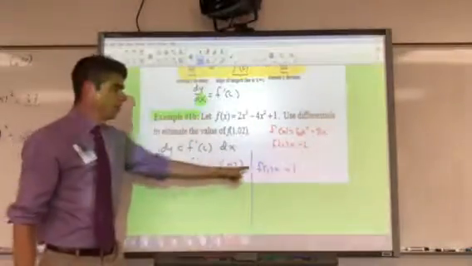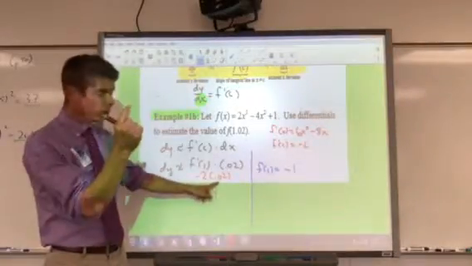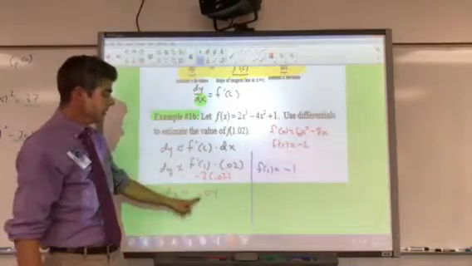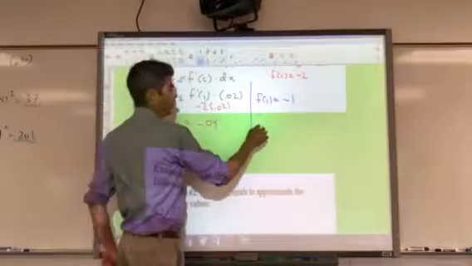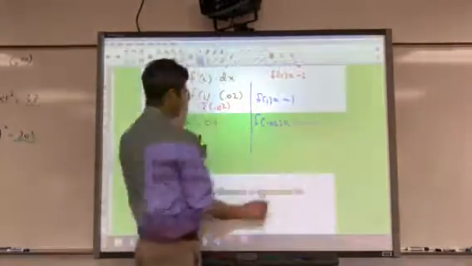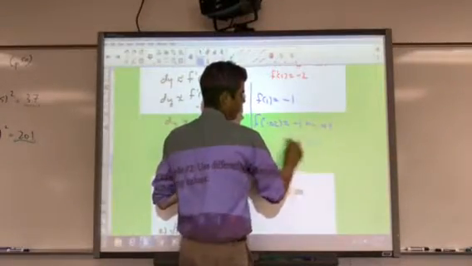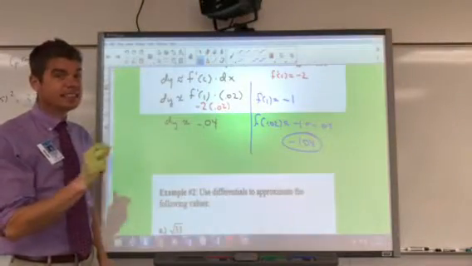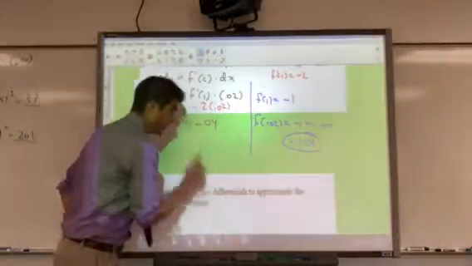So if you know f of 1 is negative 1, and we're deviating by 0.02 from that value, then we're going to deviate in the y direction by negative 0.04. So f of 1.02 approximately equals negative 1 plus this change of negative 0.04, which is negative 1.04. So again, another way to solve the exact same problem, but it just focuses on the difference. That's the differential.